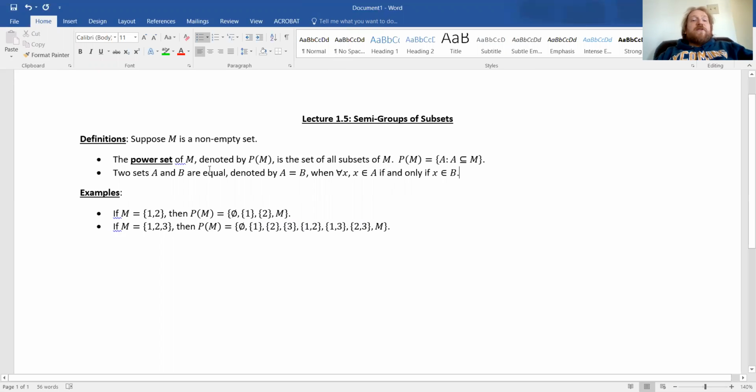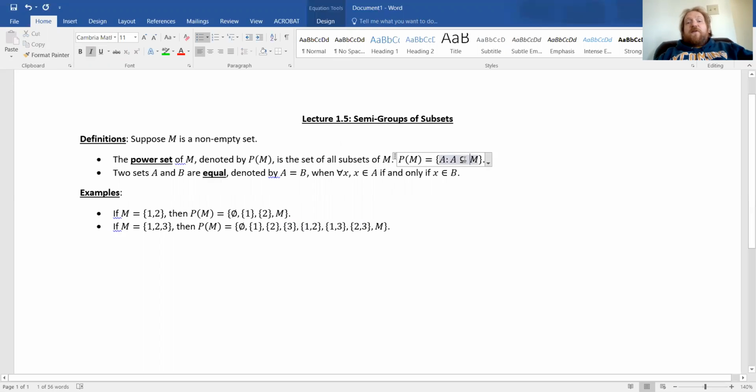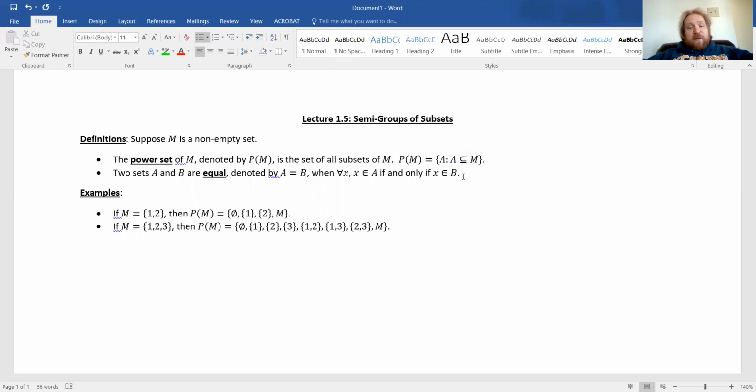Now, this is the same thing as saying two sets are equal when they have precisely the same elements. It is also the same thing as saying two sets are equal when X is a member of A is logically equivalent to X is a member of B.